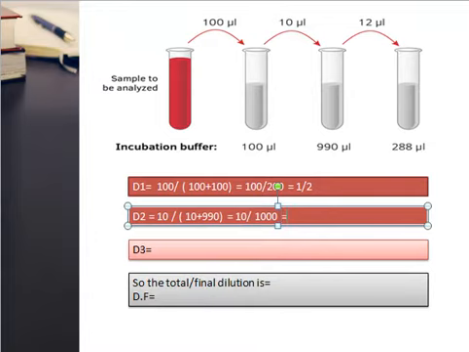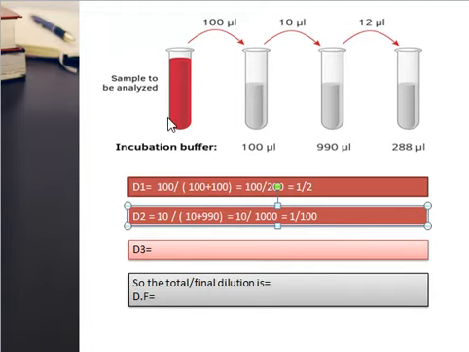This means 1 over 100. Here, the tube is diluted 100 times from tube 1, which was diluted half from the original sample.